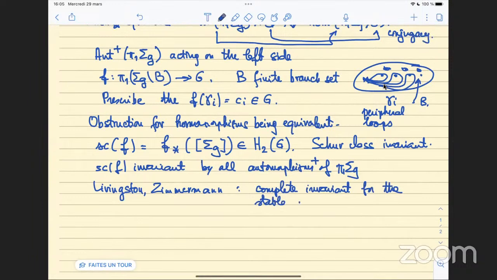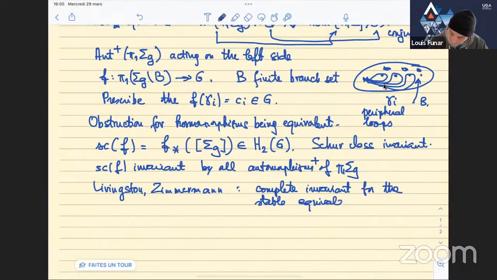And what does stable equivalence mean? Let me recall in a moment.